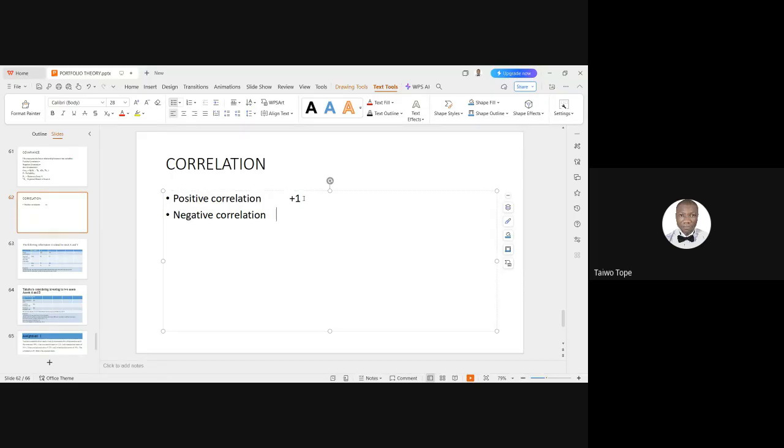Negative correlation occurs when two or more securities move inversely to each other, as we explained in covariance. That is, the two securities with negative correlation will be affected by different events. And this can help to minimize portfolio risk because they are moving in different directions.